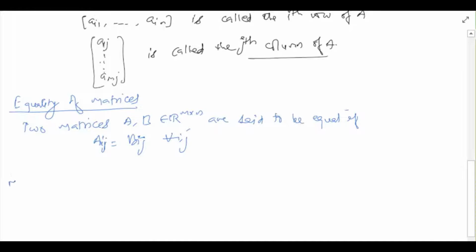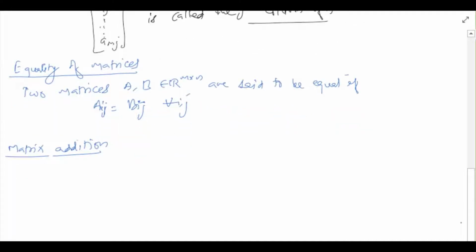Next we will see matrix addition. Given two m cross n matrices, their sum is another m cross n matrix, defined as follows.